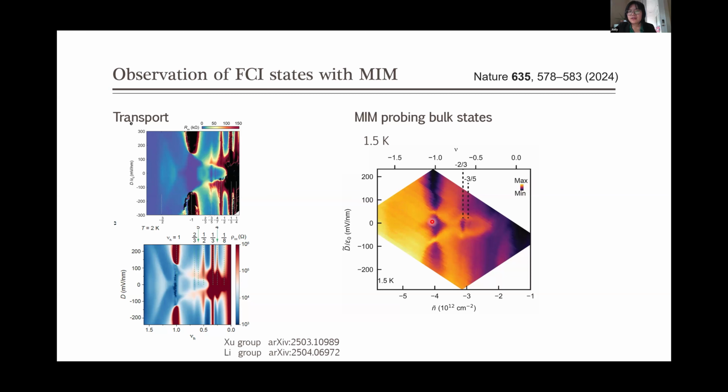There, we can definitely see one insulating region, and that insulating region is the quantum anomalous Hall effect. We also saw nu equals -2/3 and nu equals -3/5. Upon seeing all those things, it tells us that we can use microwave impedance microscopy: we park the tip in the bulk of the sample, and we can measure something very similar to transport.